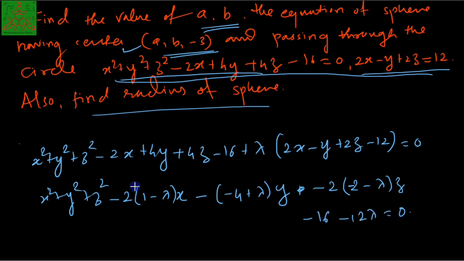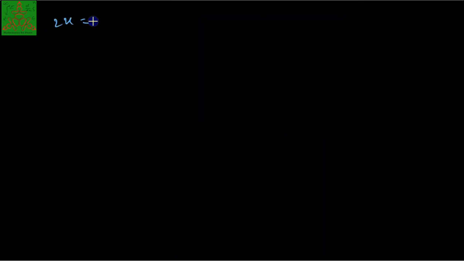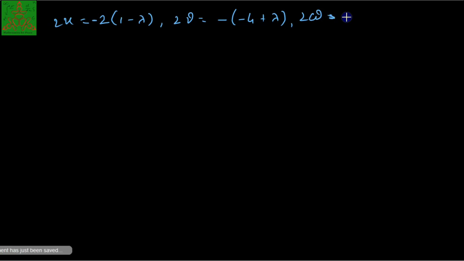Now, what is the center of this sphere? You know that we compare with x square plus y square plus z square plus 2ux plus 2vy plus 2wz plus d equal to 0. Comparing, 2u is minus 2 into 1 minus lambda, 2v is minus of minus 4 plus lambda, 2w is minus 2 into minus 2 minus lambda, and d is minus 16 minus 12 lambda.